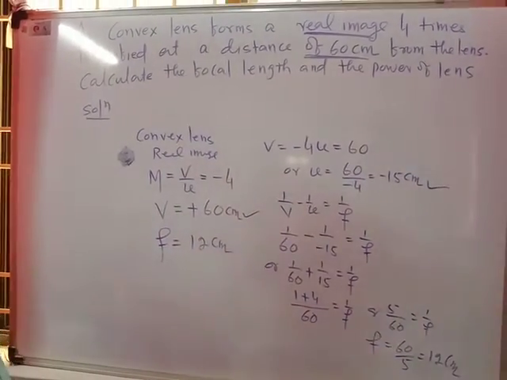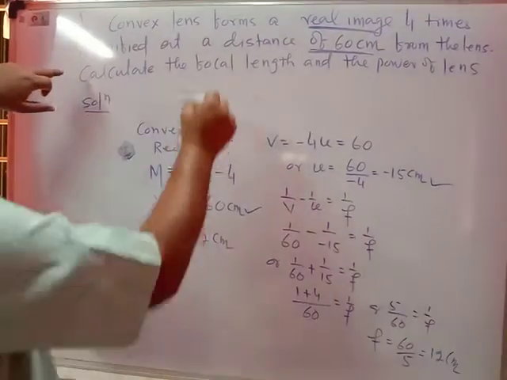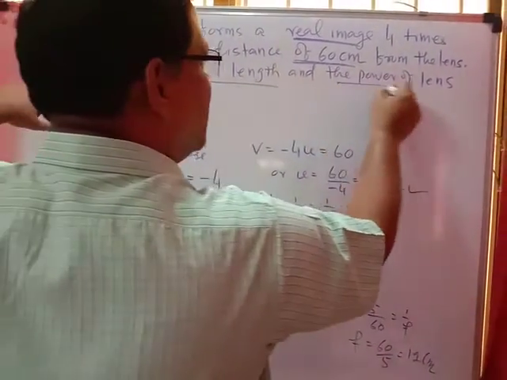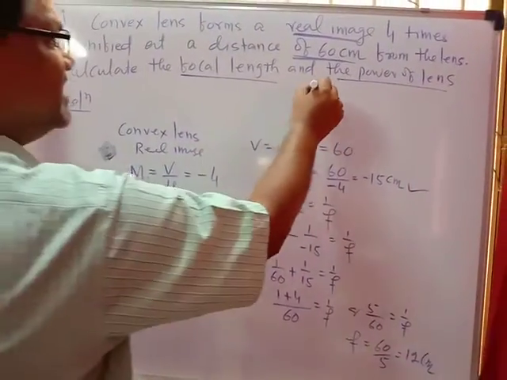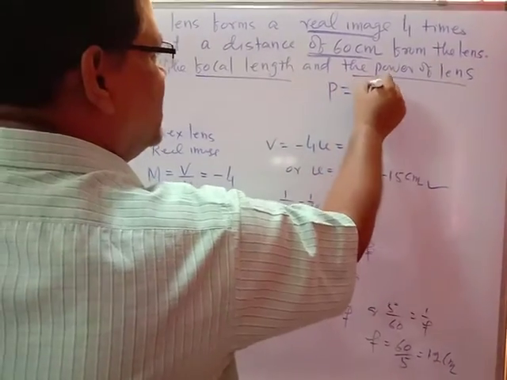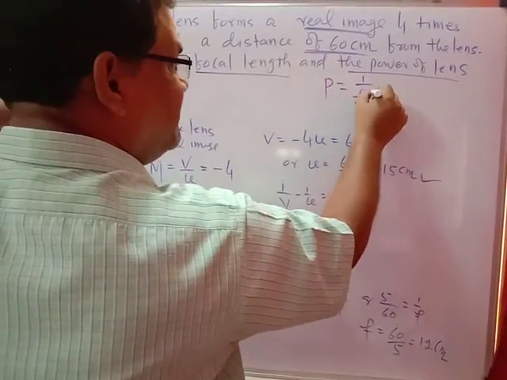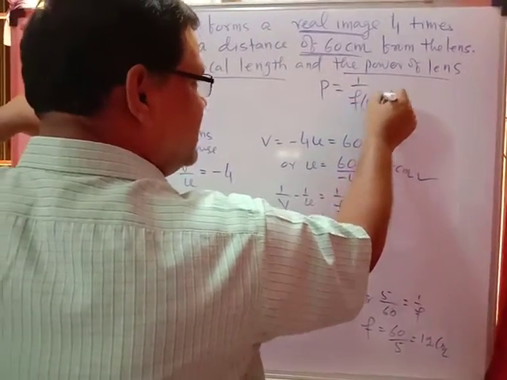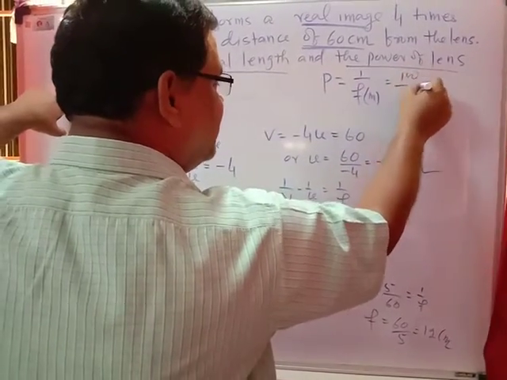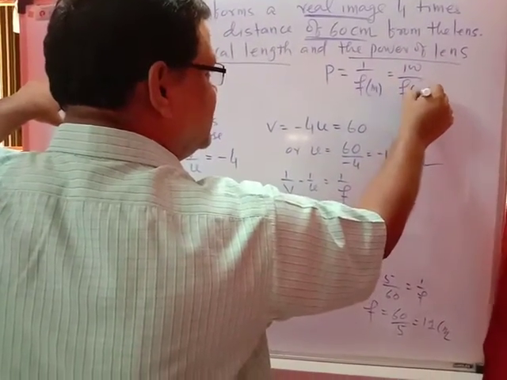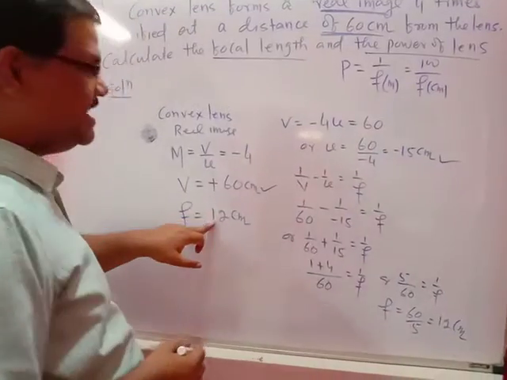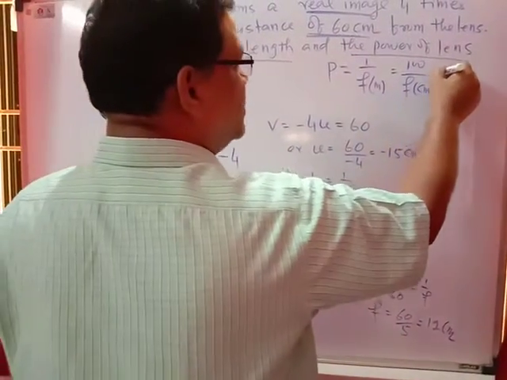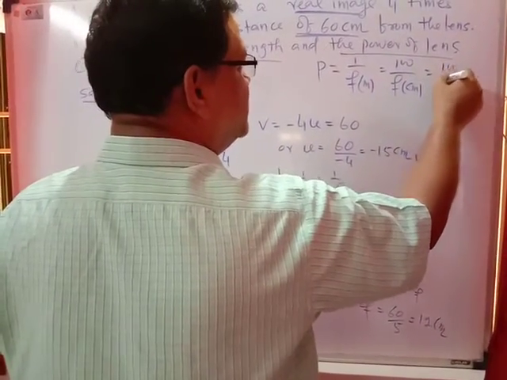Again the question is, what is the power of lens? Power of lens P equal to, you know it, 1 upon F if F is in meter, and 100 upon F if F is in centimeter. But F is in centimeter, 12 centimeter, so you can use this formula 100 upon 12.